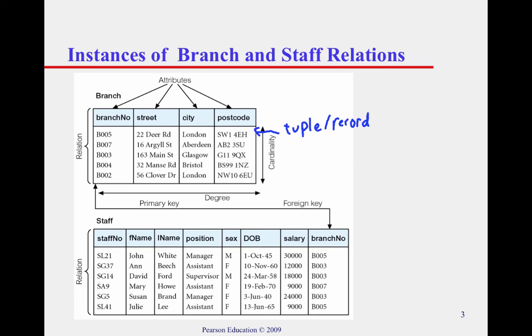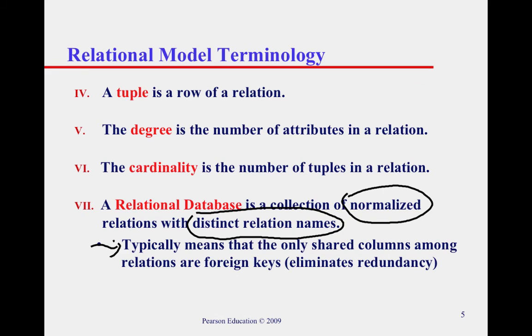And like I said, the branch number in the staff relation is essentially a pointer to a corresponding tuple in the branch relation. So again, normalized means that we try to organize our relations or our tables in a way that the only duplicated or shared columns are keys.